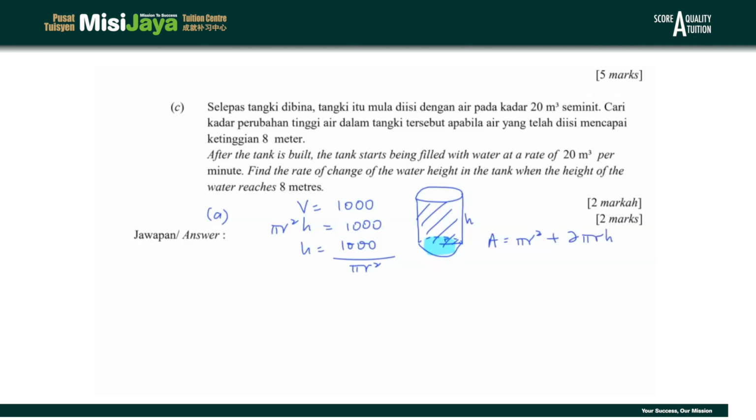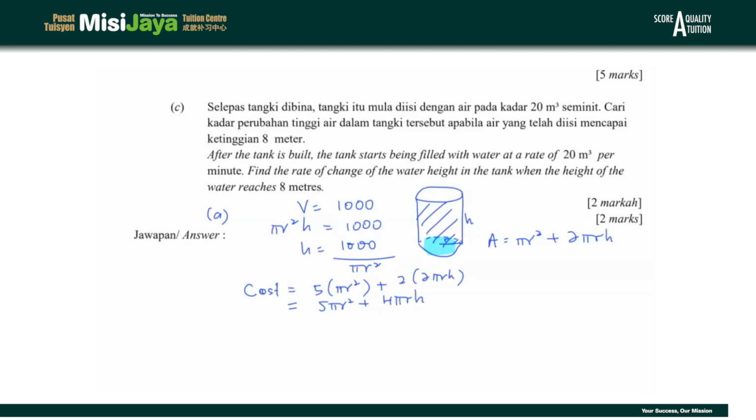So now, in order to find the cost, for the base it is 5 ringgit, so 5 times pi r square. Then plus the side, the cylindrical wall, which is 2 ringgit per meter square, so 2 ringgit times 2 pi r h. So this equals 5 pi r square plus 4 pi r h, okay?